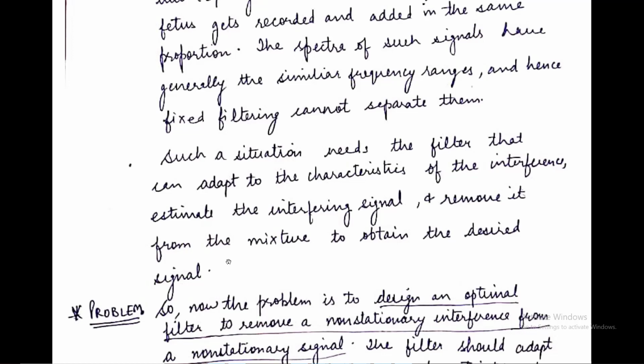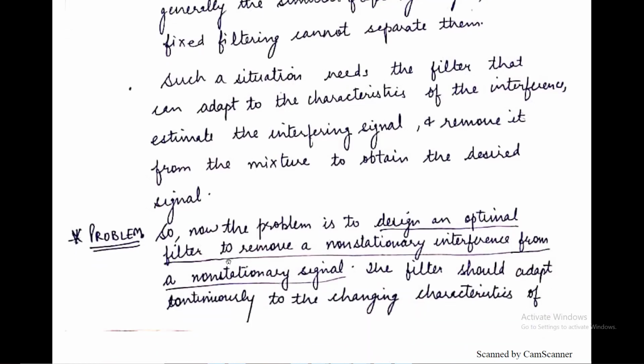So now the problem is to design an optimal filter to remove a non-stationary interference. If you remember, we have already discussed optimal filtering. But here we want to design an optimal filter which is used to remove a non-stationary interference from a non-stationary signal.